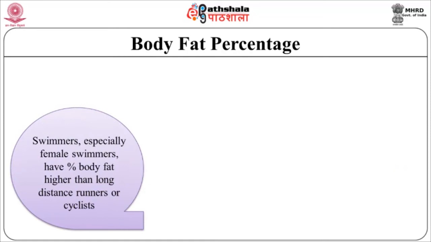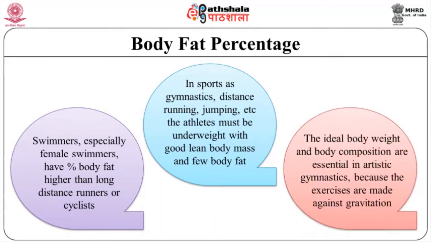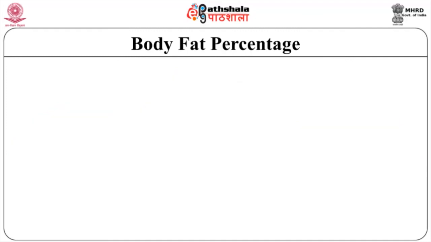Swimmers, especially female swimmers, have a percent body fat higher than long distance runners or cyclists. In sports like gymnastics, distance running, jumping, etc., the athletes must be underweight with good body mass and less body fat. The ideal body weight and body composition are essential in artistic gymnastics because the exercises are performed against gravitation.